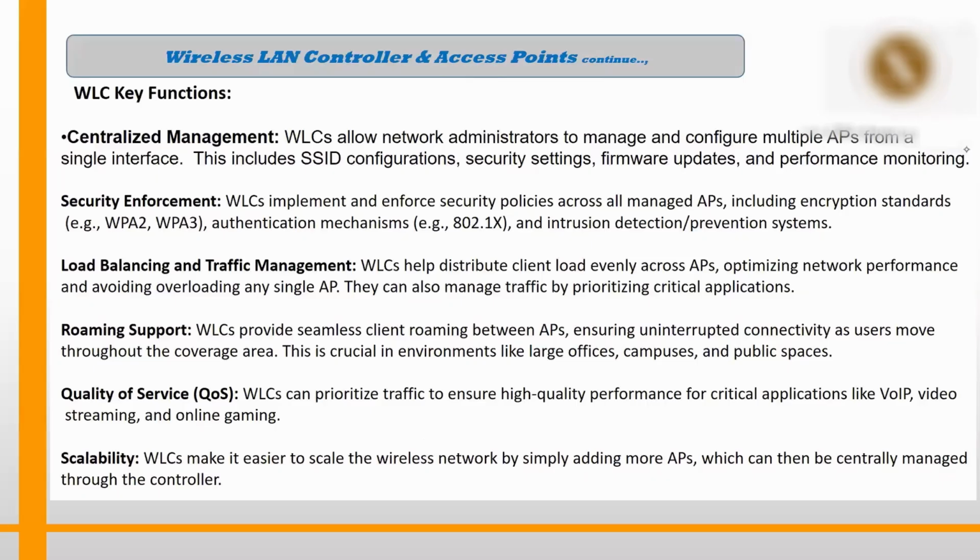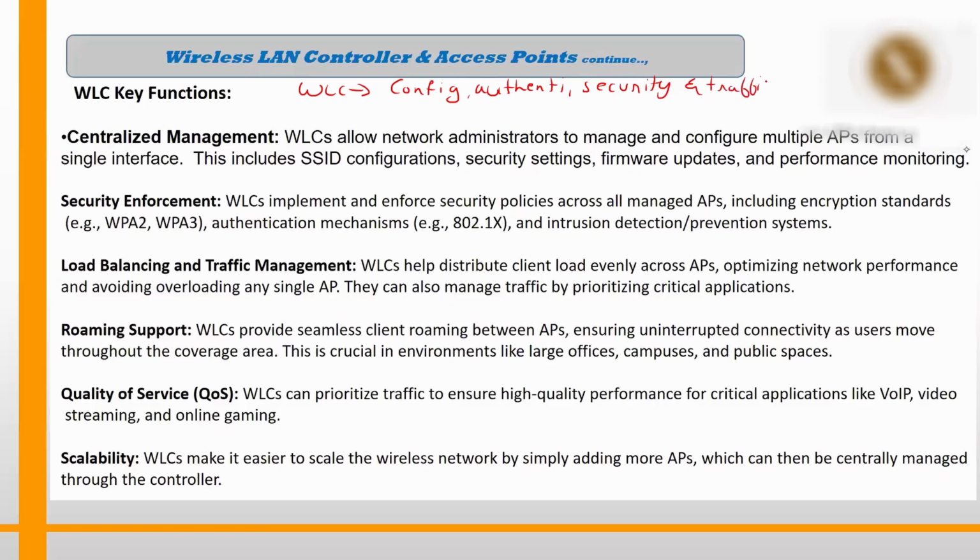Okay, so depending on that, the wireless architecture has two formats. One is a centralized architecture, one is an autonomous architecture. In the centralized one, the WLC handles configuration, authentication, security, and traffic management.